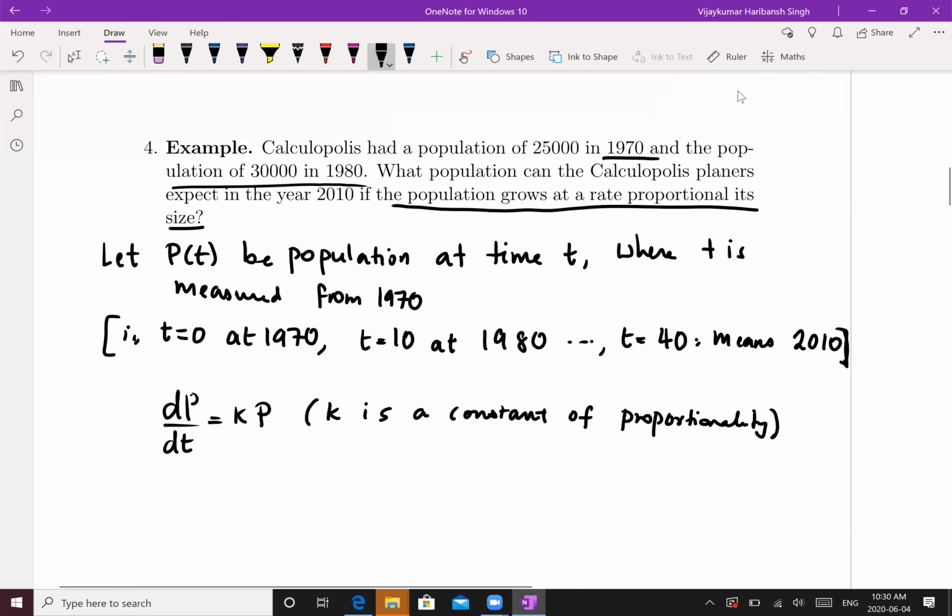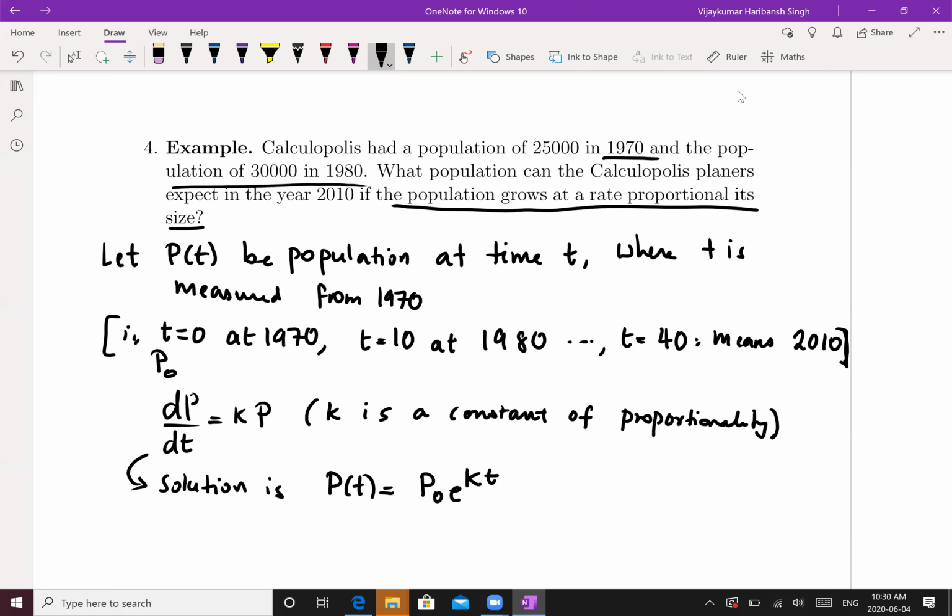So now we already know the solution to this. The solution to this problem is P of t equals P0 e to the power kt. What is my P0 given to me?